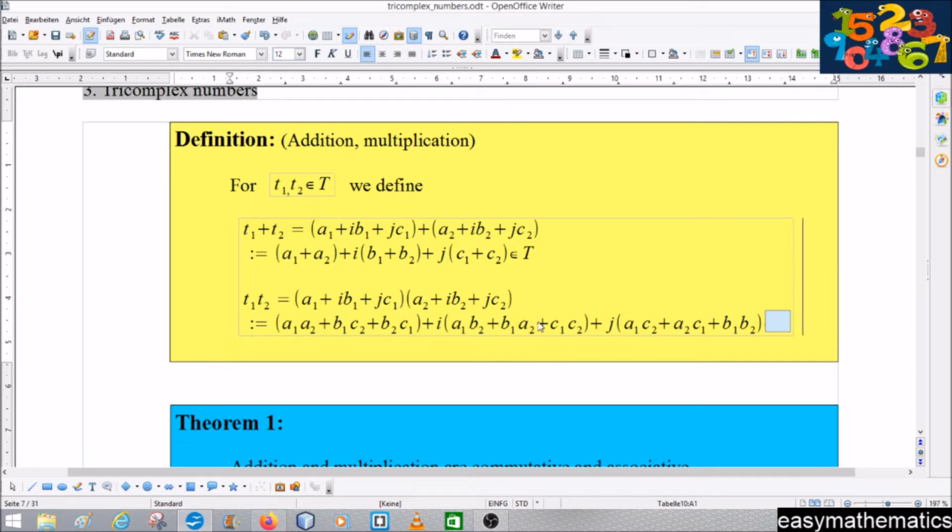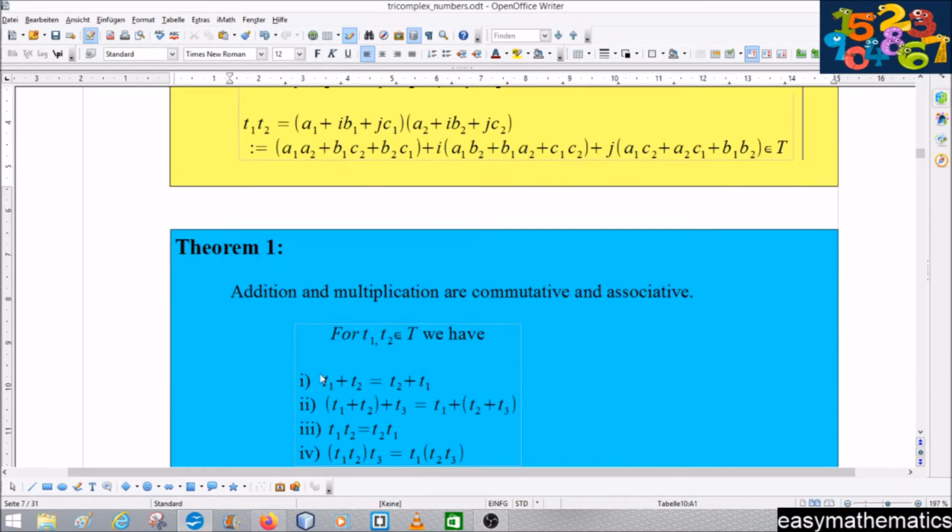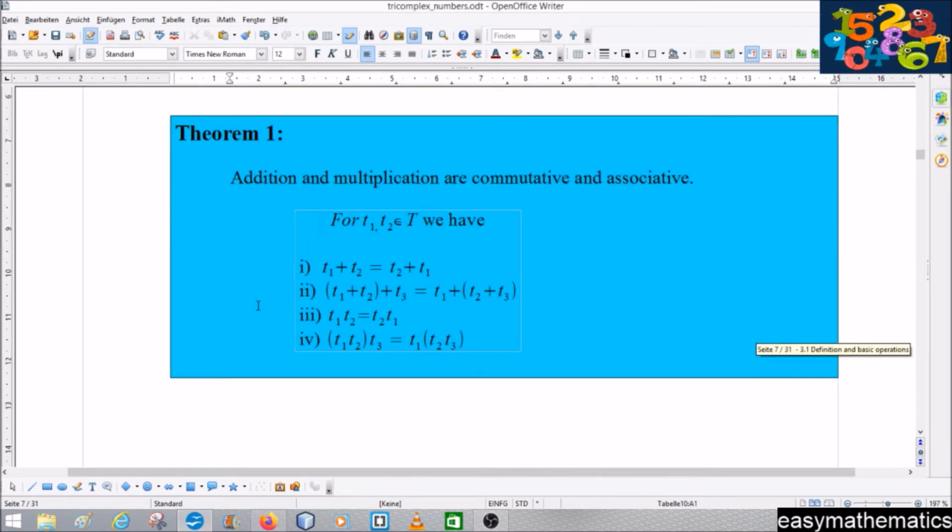Okay, so pause the video and check for a short moment that this is correct. And here also we see that this is a tricomplex number again, and this is what we want. Yeah, so we have addition and multiplication. And now we come to the first theorem, and this is the following: addition and multiplication are commutative and associative.